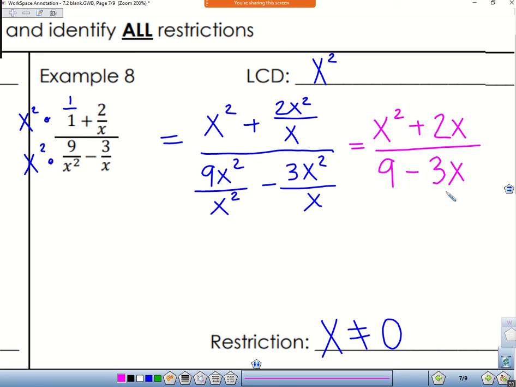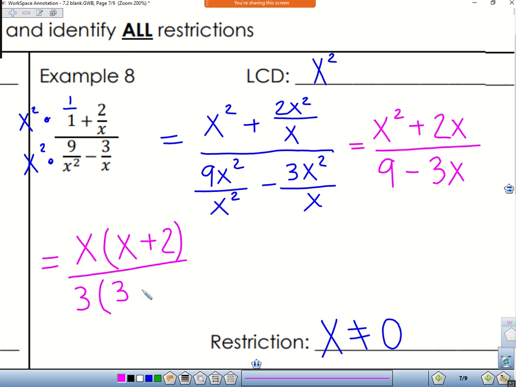Now from here, we're going to need to factor both the numerator and the denominator because they're both factorable. So my numerator factors into x times x plus 2. And my denominator factors into 3 times 3 minus x. And that would be my final answer.